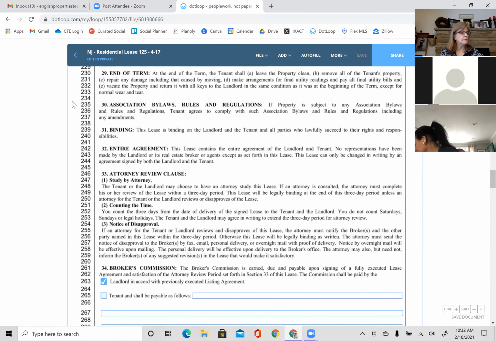At the end of the lease, the same way when you sell a house, the property should be left clean, like broom clean. All the tenant's property should be removed; they can't just leave a whole bunch of stuff behind. Anything that they damaged needs to be repaired. So if they hung things up, those need to be patched up. The utilities have to do final readings so they can get a final payment.